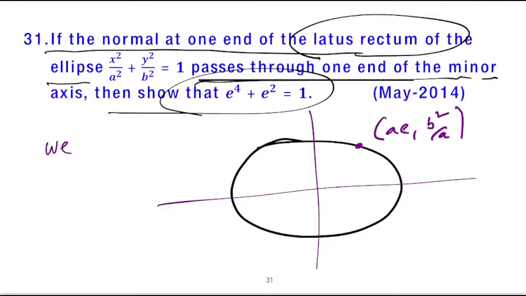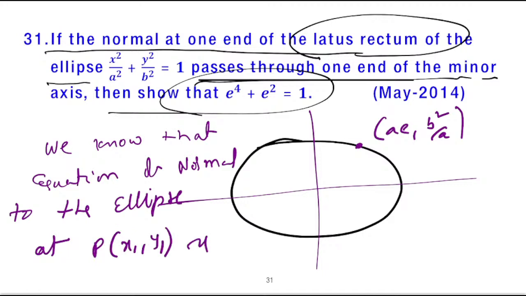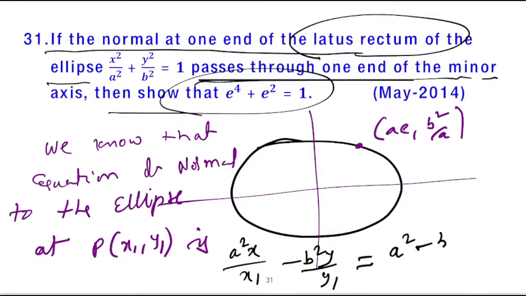We know that the equation of normal to the ellipse at (x1, y1) is a square x by x1 minus b square y by y1 is equal to a square minus b square.